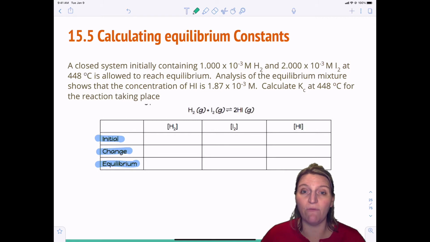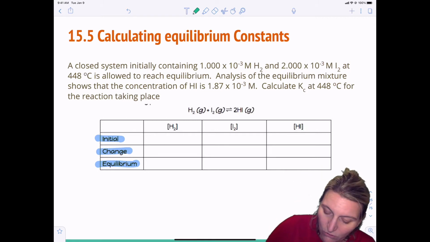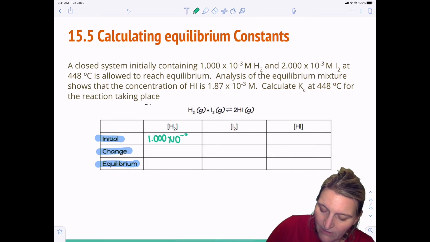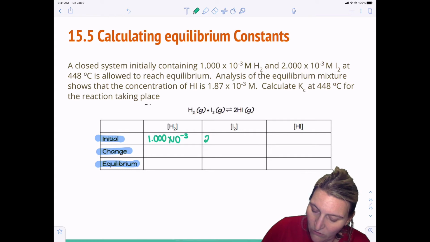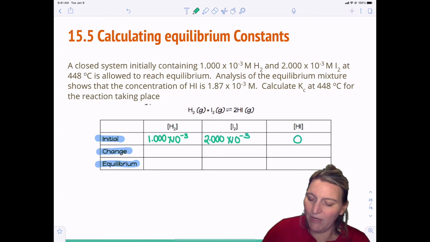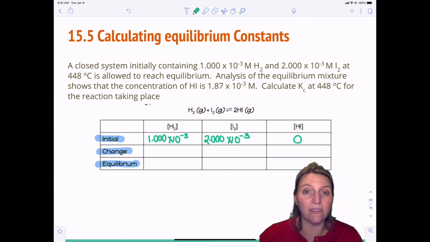We can do the same thing for equilibrium reactions. So the starting H2 concentration is given to us as 1.000 times 10 to the negative 3, and the I2 as 2.000 times 10 to the negative 3. And because it doesn't say that there was any HI at the start, we're just assuming it's 0.